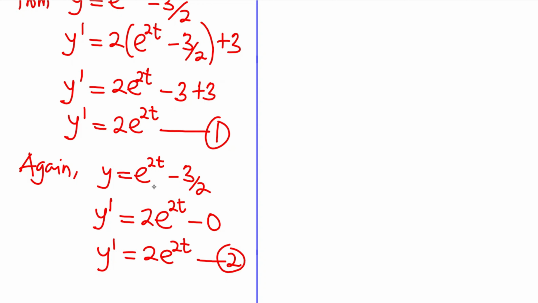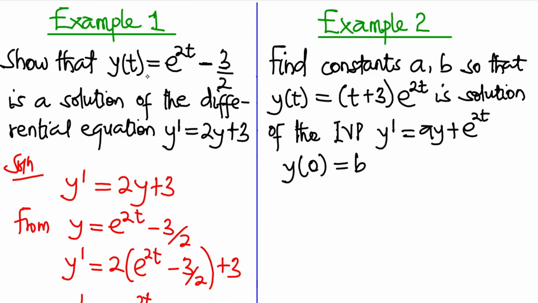And clearly we can see that equation 1 is the same thing as equation 2. Therefore, we can conclude that y of t, which is equal to 𝒂𝒚+2t minus 3 on 2, is a solution of y prime is equal to 2y plus 3, indeed a solution of it.